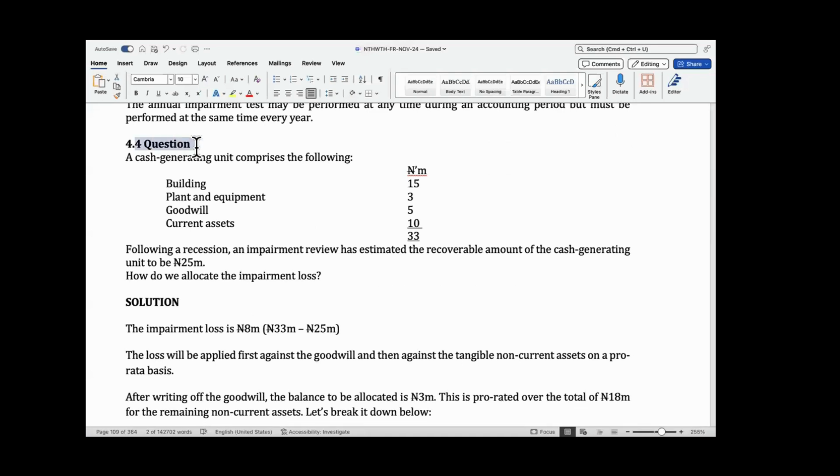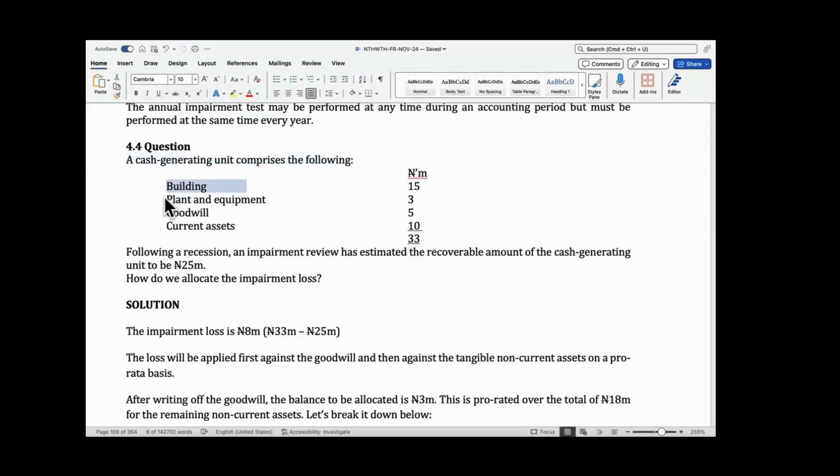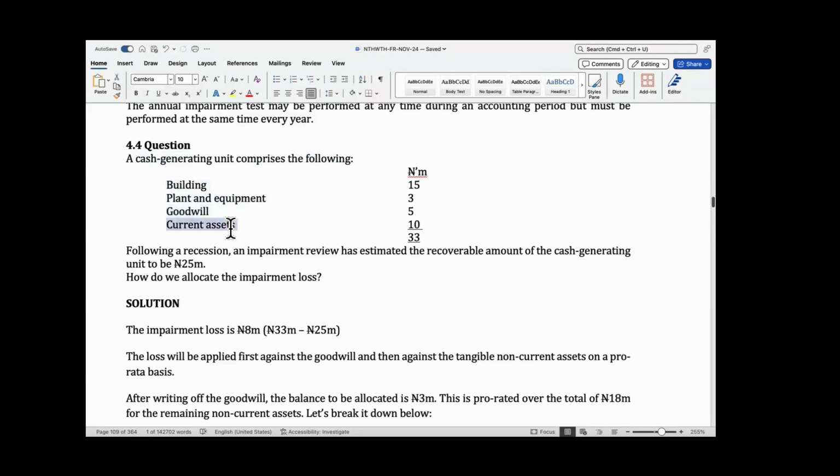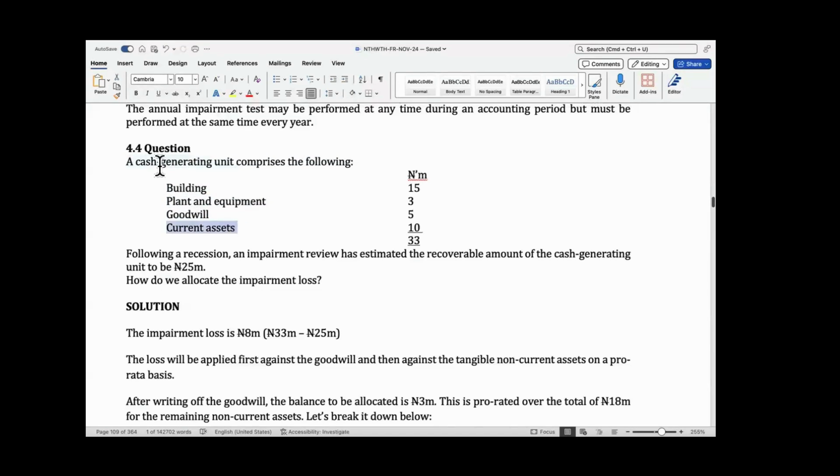So there's this question. It says a cash generating unit comprises the following: building, plant and equipment, goodwill, and current assets. Following a recession, an impairment review has estimated the recoverable amount of the CGU to be 25 million.